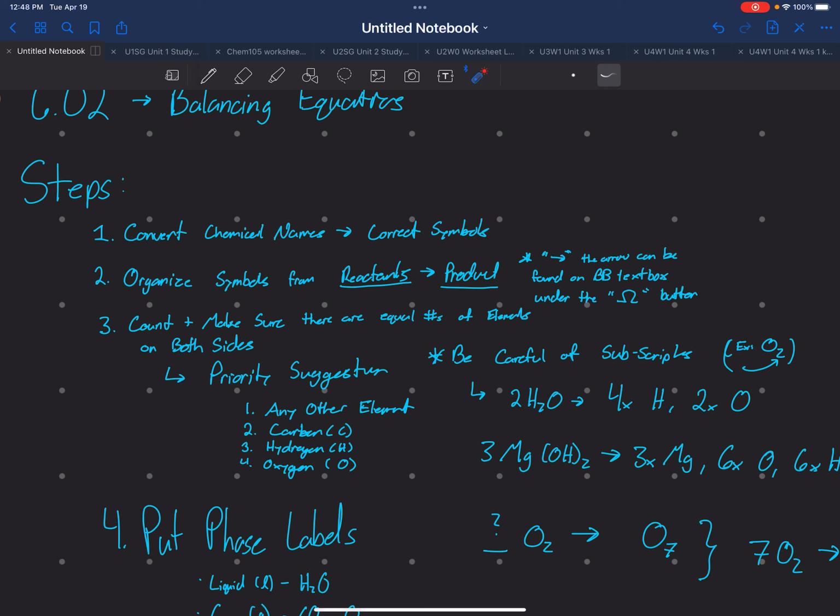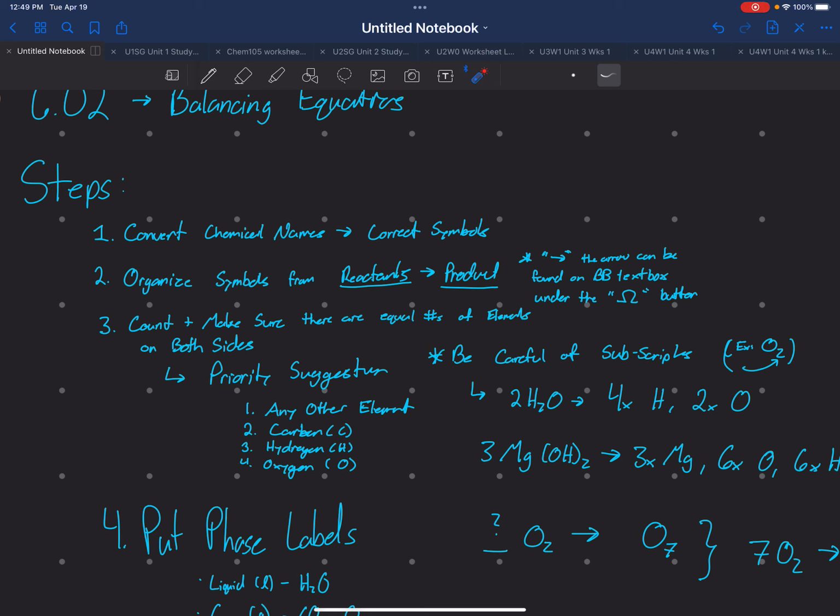To get this arrow, you have to press this button. I don't know how to describe this symbol, but you click that button and it'll give you a pop-up with all of the symbols, and you can just search for arrow, and then you'll be able to find this, right? So yeah, reactants on the left, products on the right with the arrow.